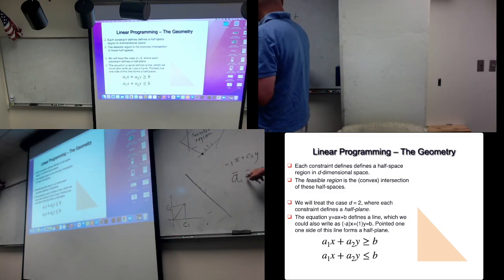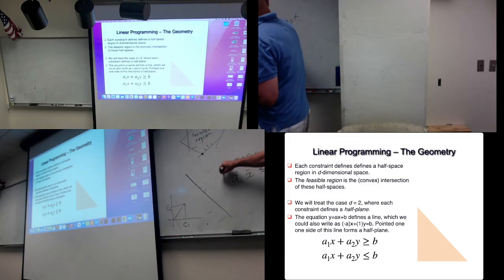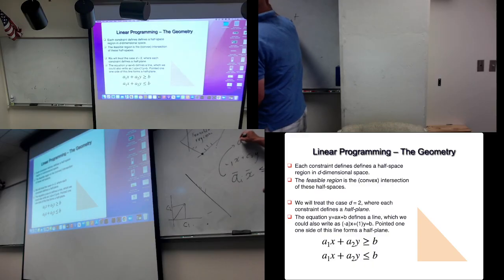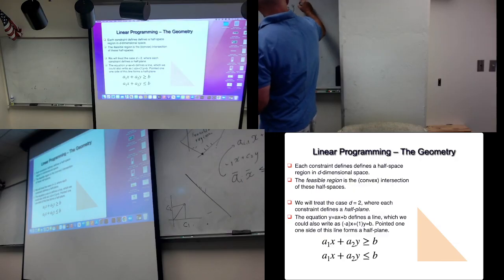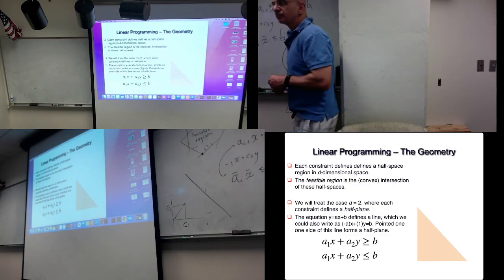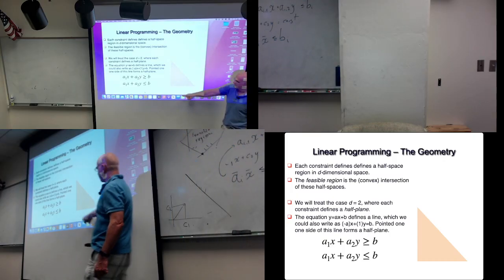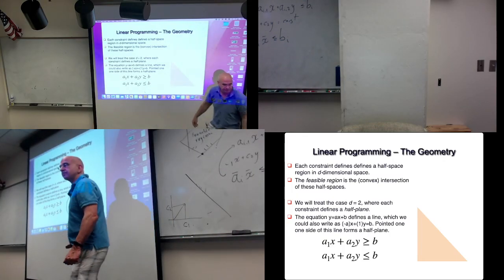In 2D, it just boils down to a_i1 x plus a_i2 y is smaller or equal than b_i. That's how it looks in 2 dimensions.